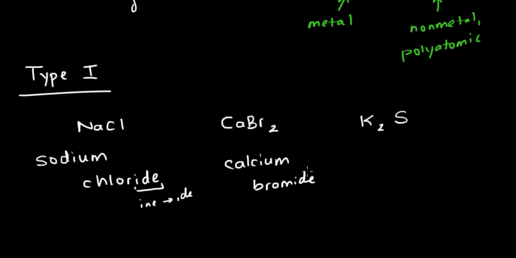And that's what we generally do when we name binary ionic compounds. We change the ending of the anion to include an "ide." And so maybe you can guess what's coming next. This compound is potassium sulfide. Potassium sulfide. Pretty simple stuff.